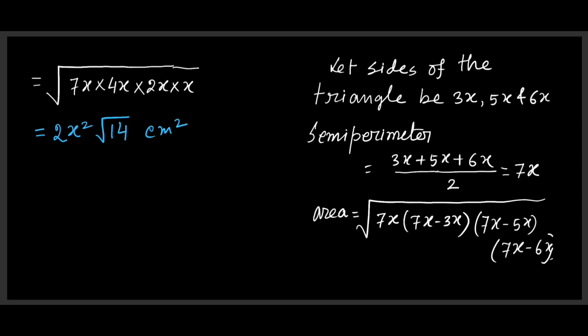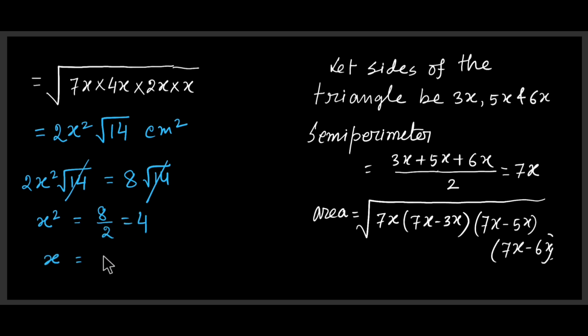Now given that the area of the triangle is 8 root 14 centimeter square, so let's equate this area with the given area. We get 2x root 14 is equal to 8 root 14. So root 14 and root 14 cancel out, and we get x square is equal to 8 by 2, and it is 4. So x equal to plus minus 2.